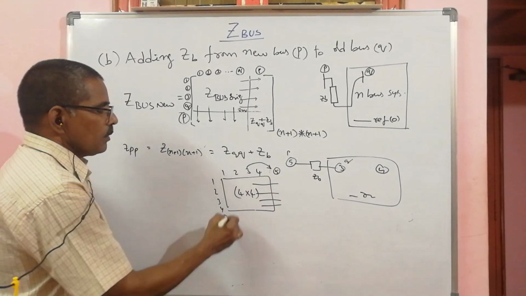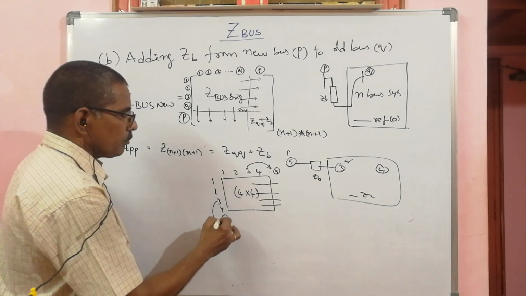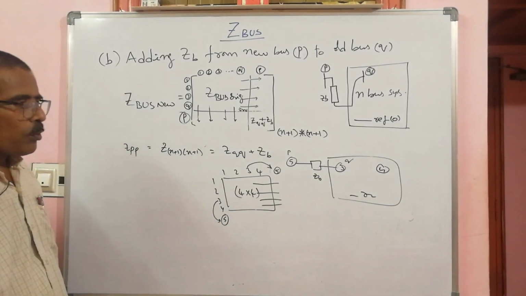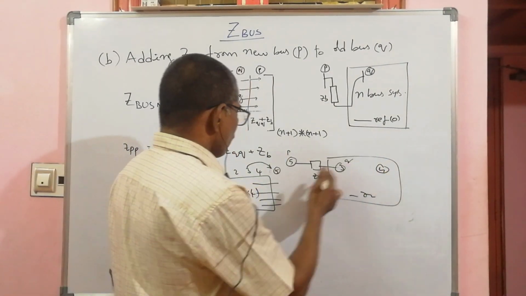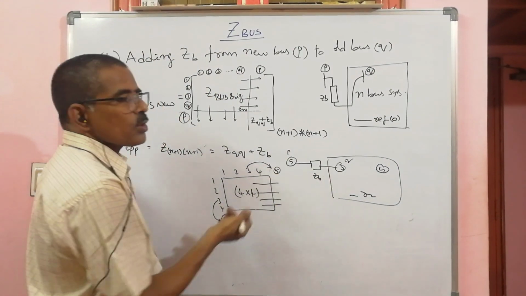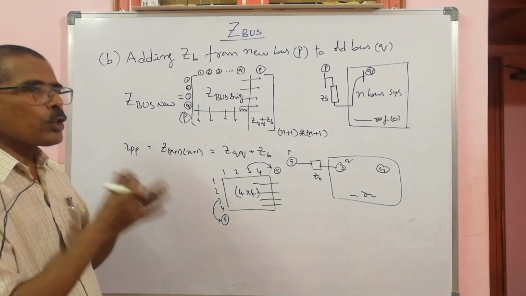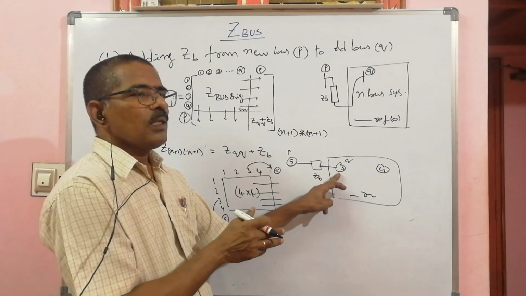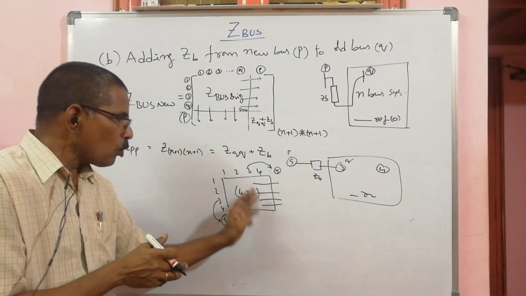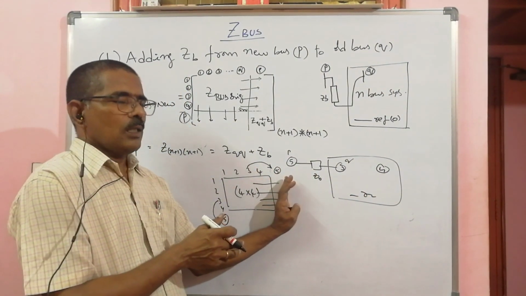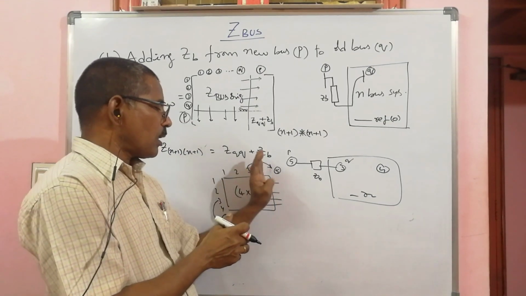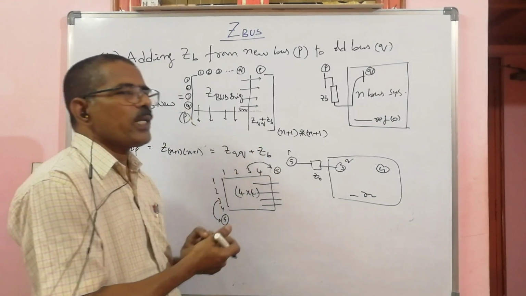Similarly here. Suppose you are adding between 5 and 4, then the fourth bus values. So where you are adding, what is Q? Q here is 3. If Q is 4, the fourth column is to be shifted here. The fourth column values are to be copied here.